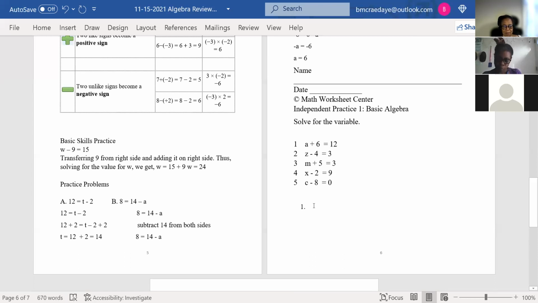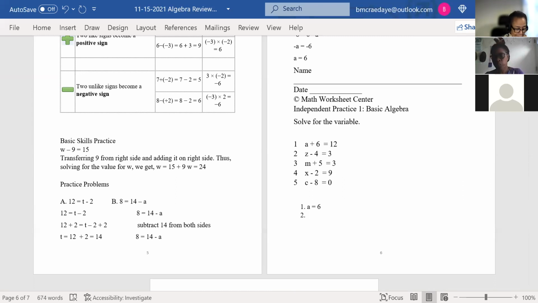Okay. Vanessa, what did you get for A? A equals what? A equals 6. Is that what you got, Maureen? Yeah, only one number added to 6 gives 12, and that's 6. Okay, all right, Maureen.